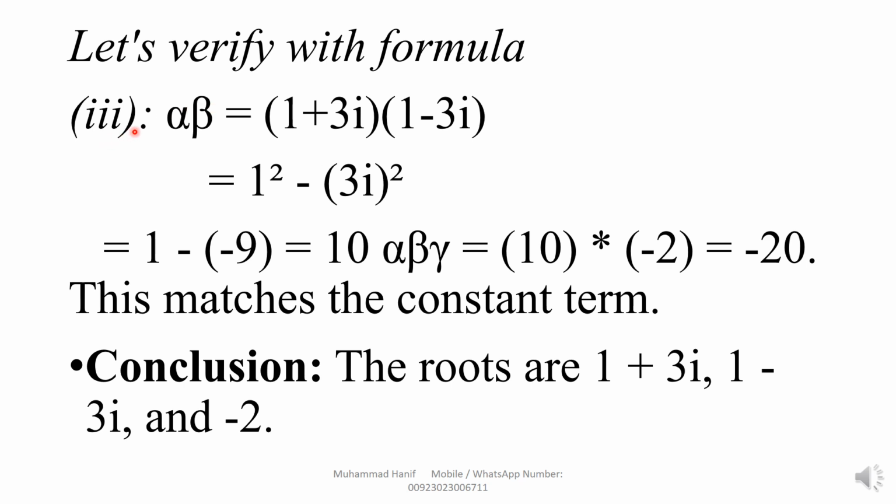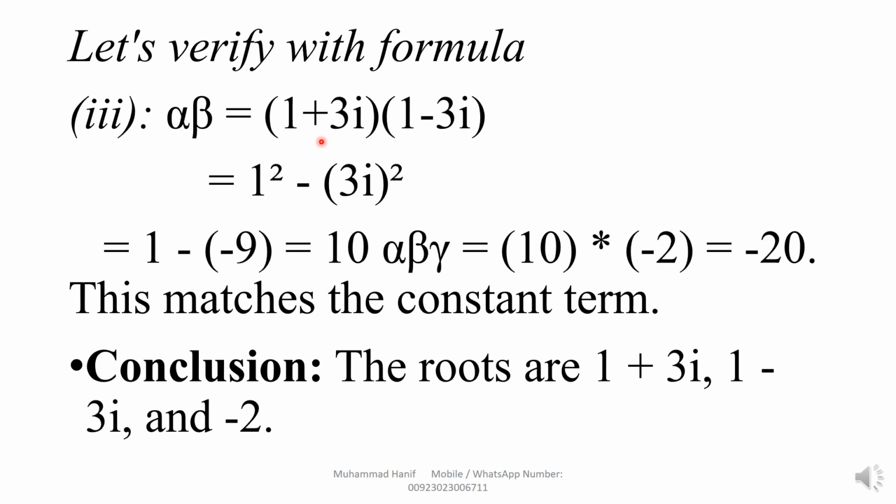Let's verify with the formula alpha beta gamma. First we multiply alpha and beta. The value of alpha is 1 plus 3 iota and the value of beta is 1 minus 3 iota.